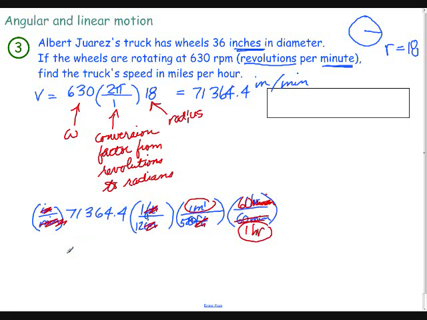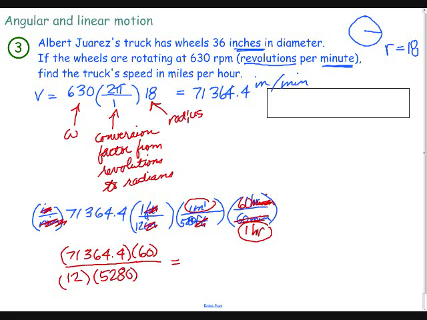So let's see if we can do these numbers. 71364.4. We're going to divide by 12. We're going to divide by 5,280. And we're going to multiply by 60.